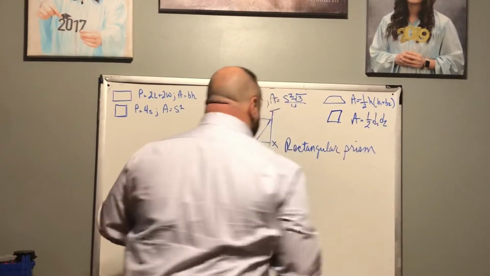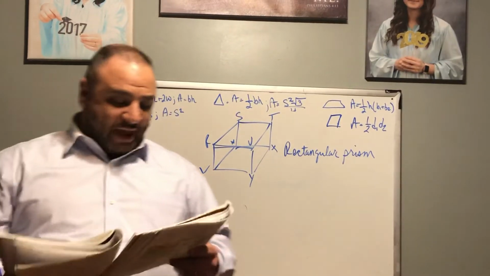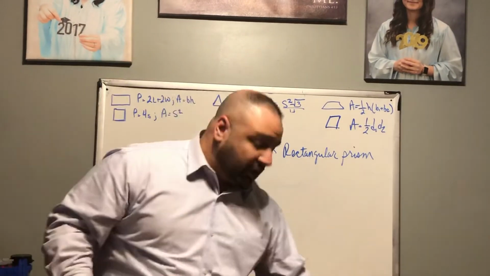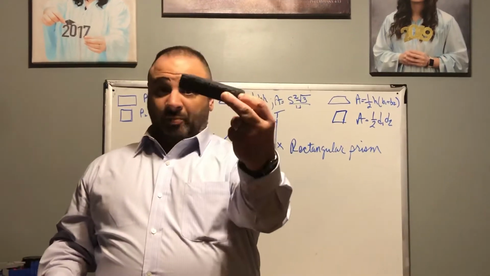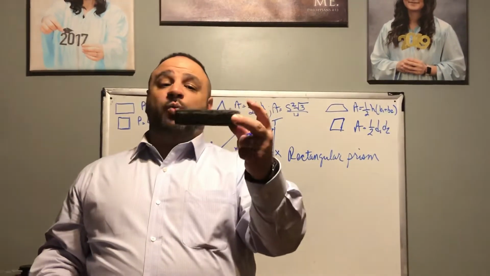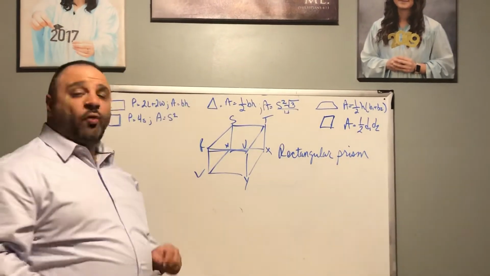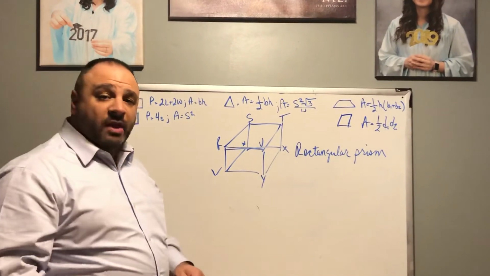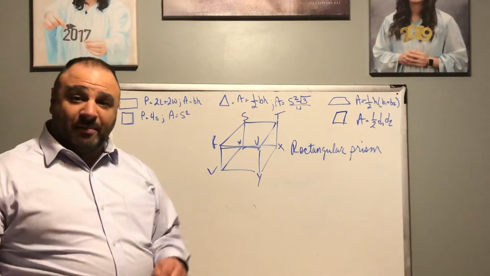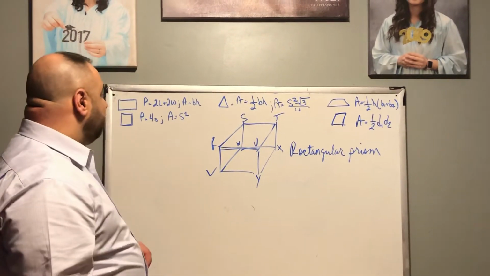Now, here's the second question, okay? Once we do that, we want to name the bases. Now remember, looking at our rectangular prism here, our eraser, the base is the top and the bottom. So name with 4 capital letters the bases. Let's see if we can name them in alphabetical order, if possible.